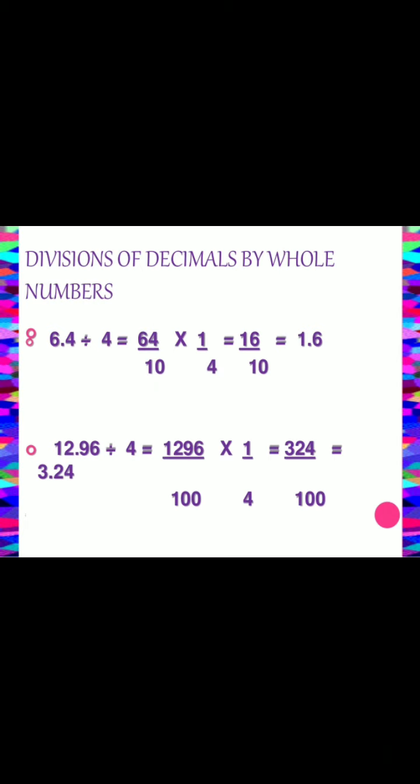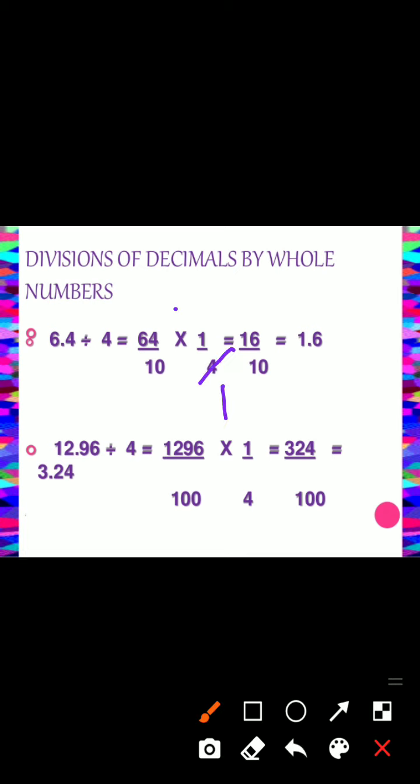Otherwise, if any number is divisible, you can check here 4 and 64. 64 is divisible by 4, so you can solve here. 4 ones are 4, and 64 divided by 4 is 16. Now you will get 16 upon 10. How many zeros are here? 1 zero. In division, the decimal will shift to the left-hand side, so your answer will be 1.6.